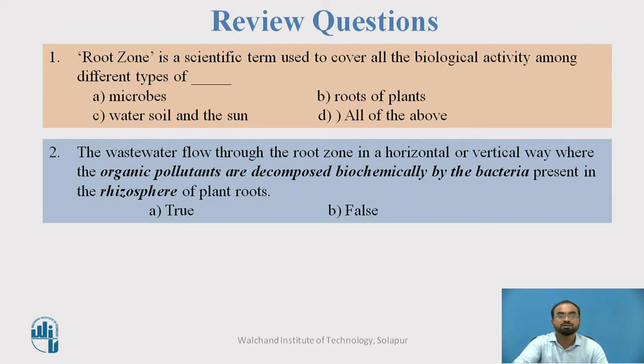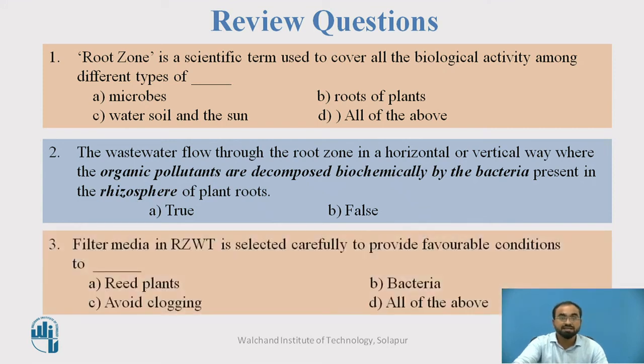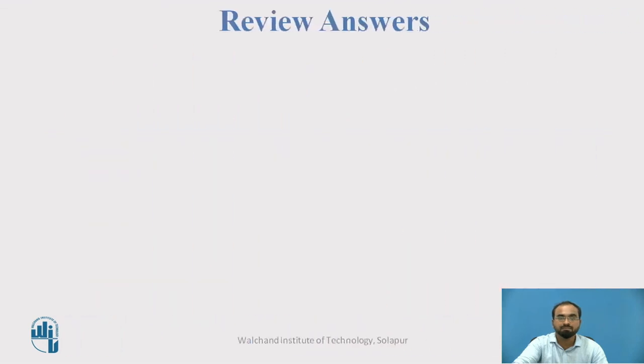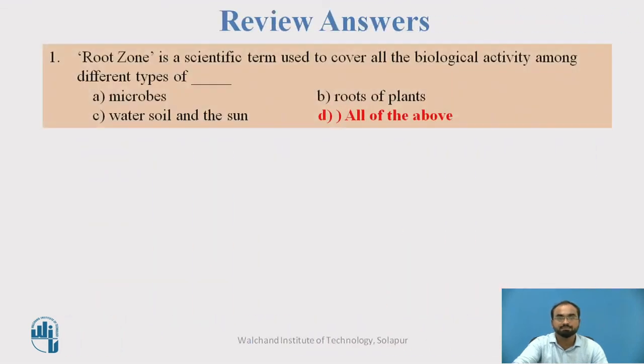It is due to the presence of rhizosphere in the plant roots. Whether this statement is true or false. The filter media in RZWT is selected carefully to provide favorable conditions to reed plants, bacteria, avoid clogging, or all of the above. So let us see their answers.